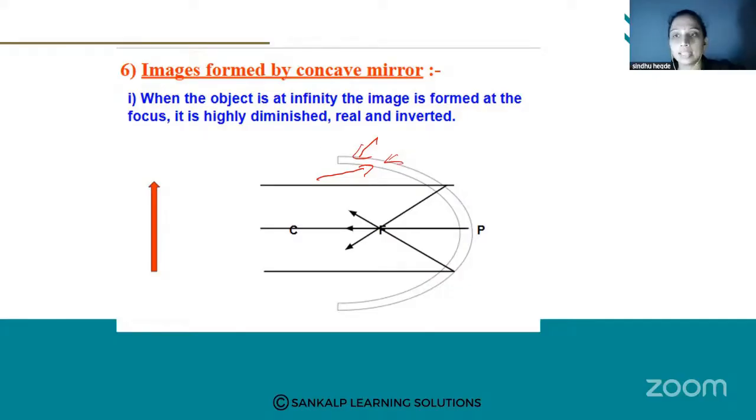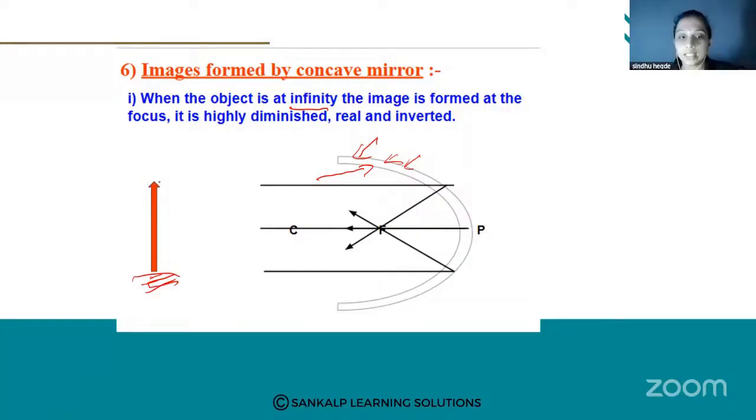See, first, here they place the object at infinite distance. What is infinite distance, students? Infinite here means the object is so far from this concave mirror. The object is placed at infinite distance.